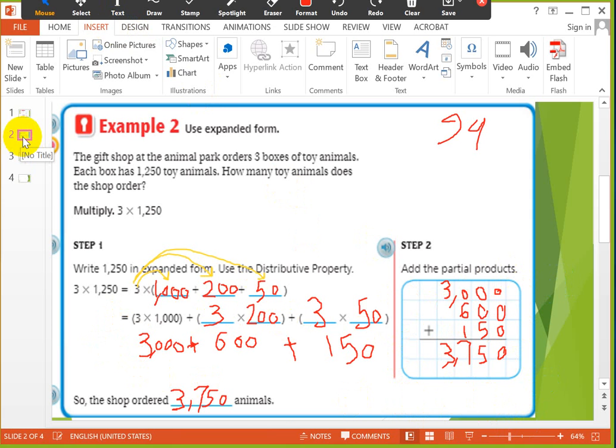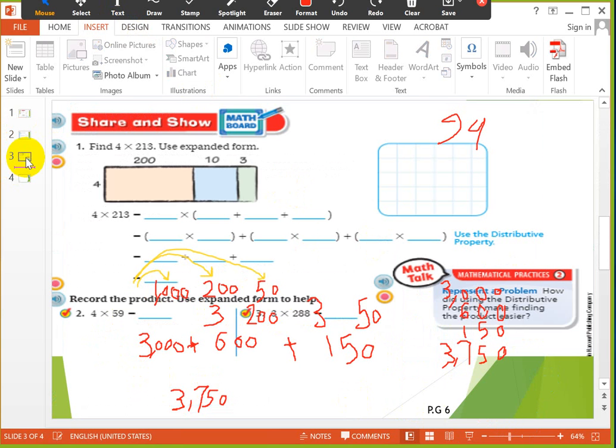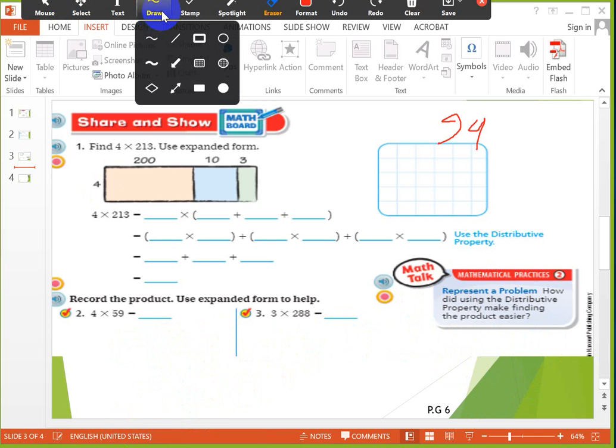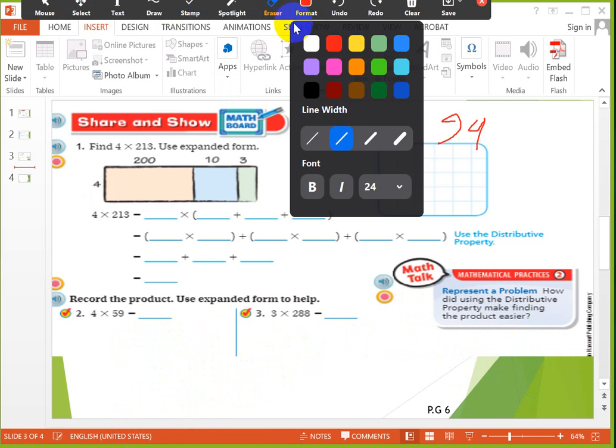Now let's move to example 1, exercise 1 here in the same page. And I want to find the multiplication between this number and multi-digit number. Let's find it together.